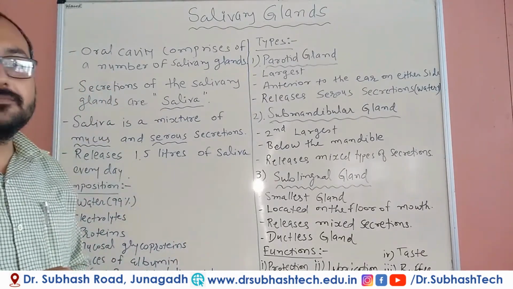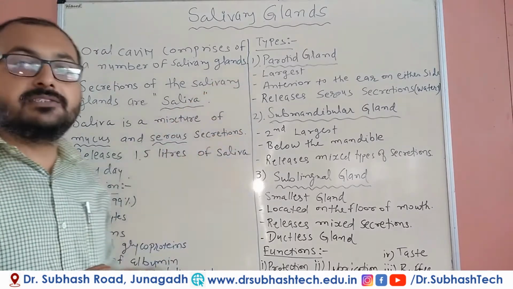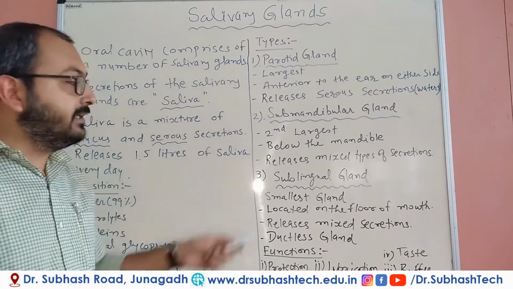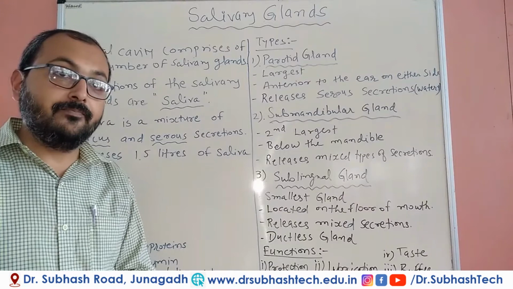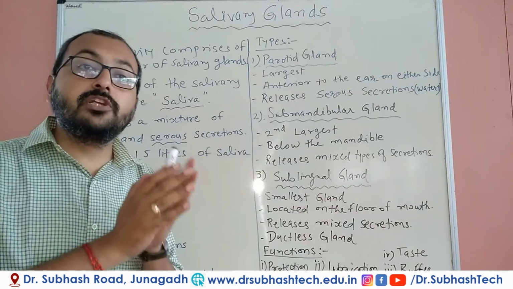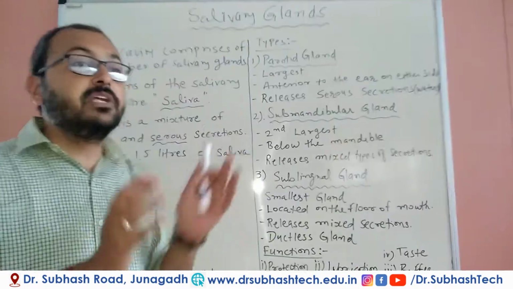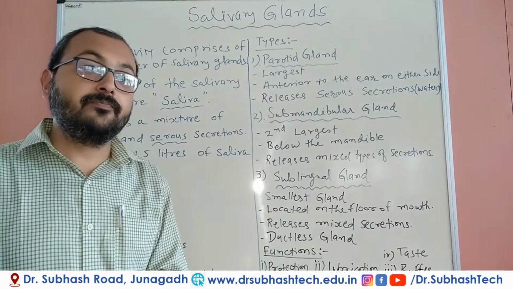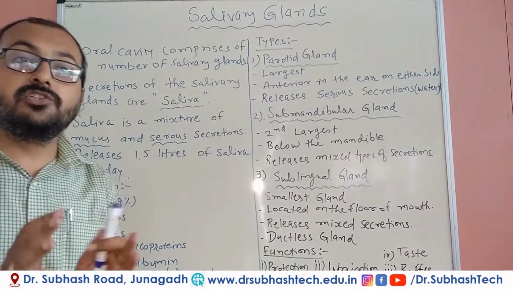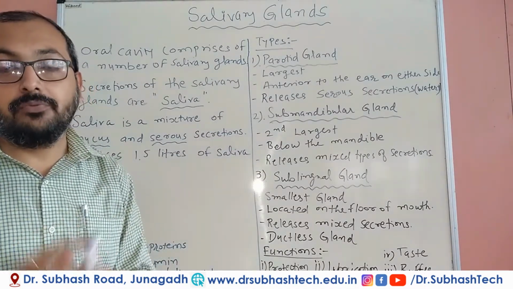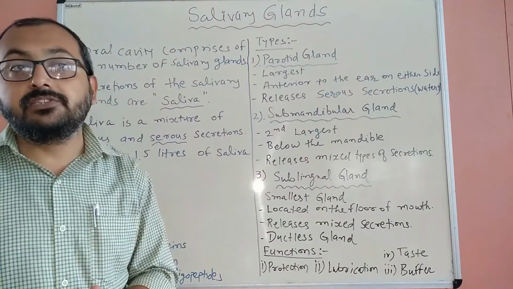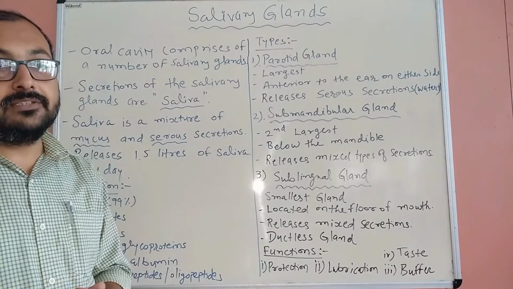Basically, there are three salivary glands present, that is the parotid gland, submandibular gland and sublingual gland. Not only these three, there are more than 600 to 1000 other salivary glands present. We call these three the major salivary glands, while the remaining 600 to 1000 glands can be termed minor salivary glands.